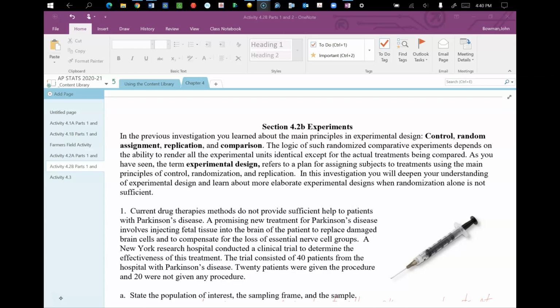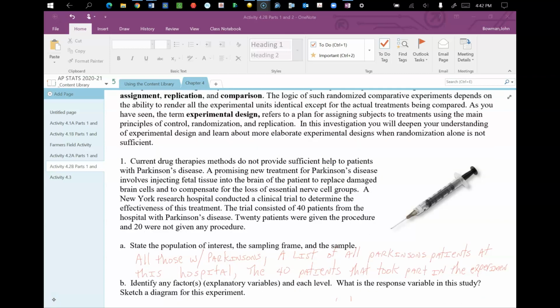Now, ideally, that's the entire population, but very often it's not. In this case, it would be a list of all Parkinson's patients at this particular hospital, because they are going to be the ones that are asked if they want to participate in this experiment. And then the sample, in this case, is the 40 patients that actually took part in the experiment.